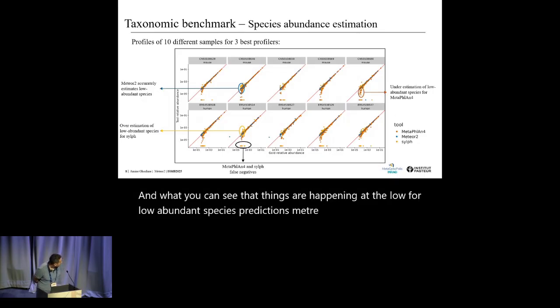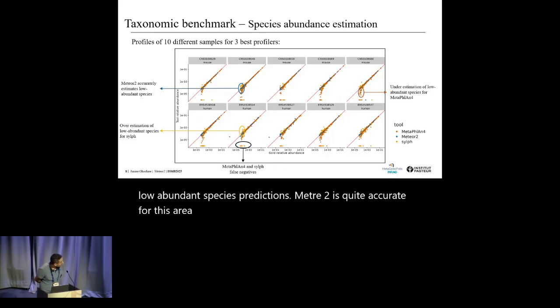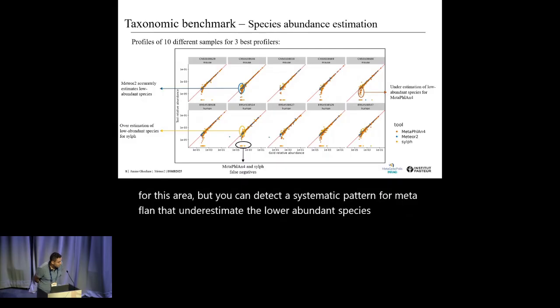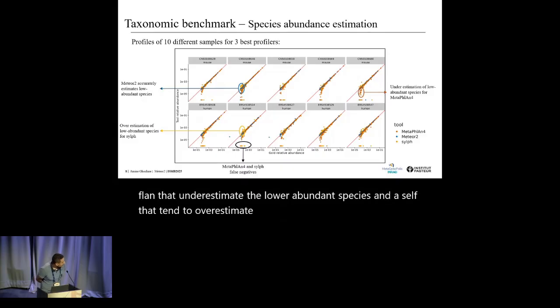Meteor2 is quite accurate in this area, but you can detect a systematic pattern for MetaPhlAn, which underestimates the low abundant species, and Sylph, which tends to overestimate them. And you can see at the bottom that MetaPhlAn and Sylph have false negatives.